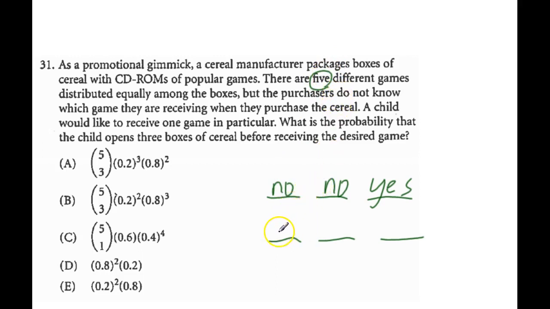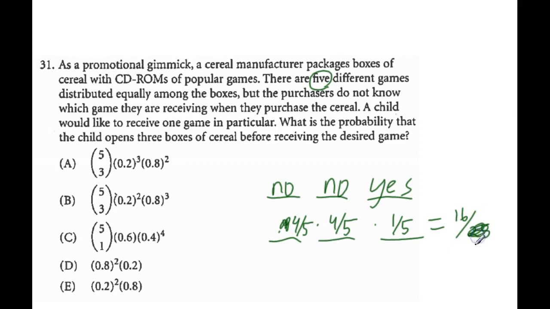So it's 4 out of 5 for the chances of getting no, and only 1 out of 5 is the chance of getting it correct. If you multiply those together, we should have our answer here. That would be 16 over 125.